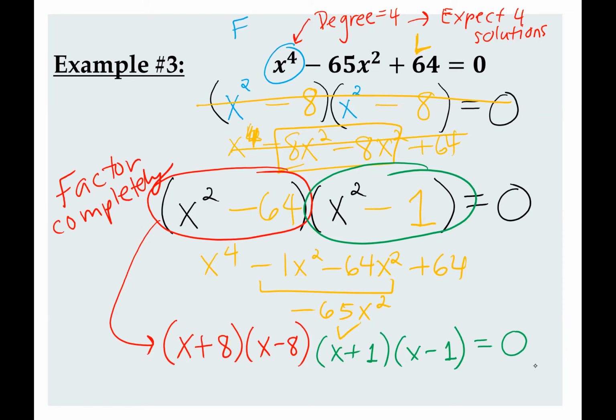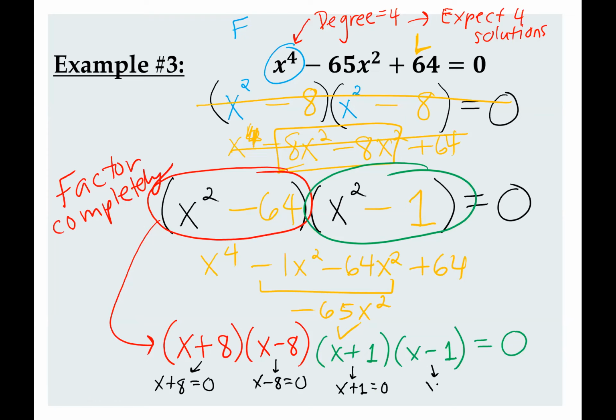So now we get to our third step where we set each factor equal to 0. So because we have 4 factors, we will end up with 4 little equations. x plus 8 equals 0. x minus 8 equals 0. x plus 1 equals 0.